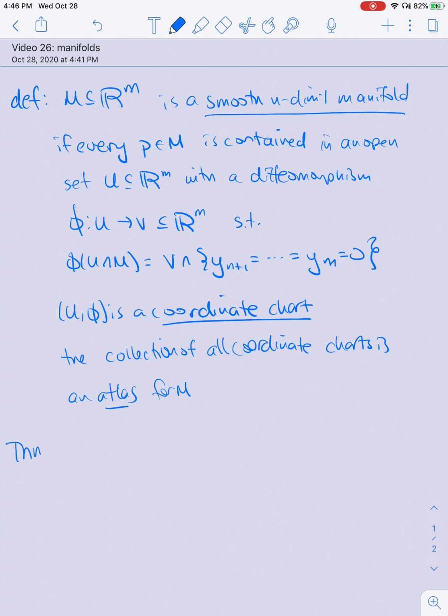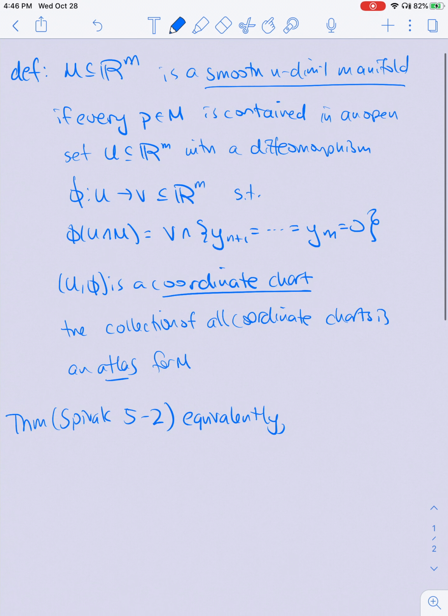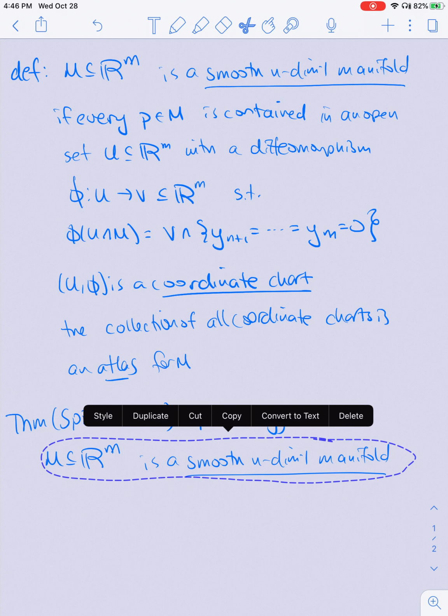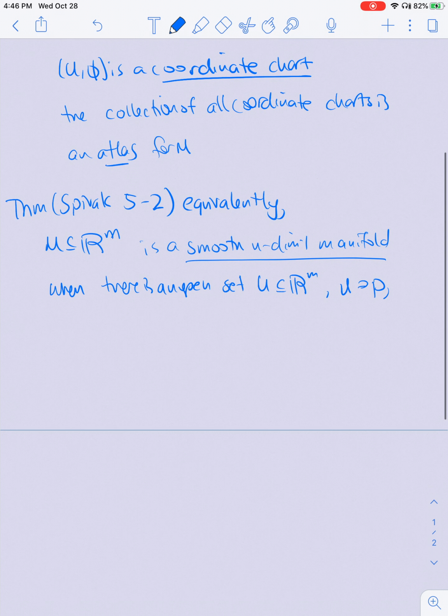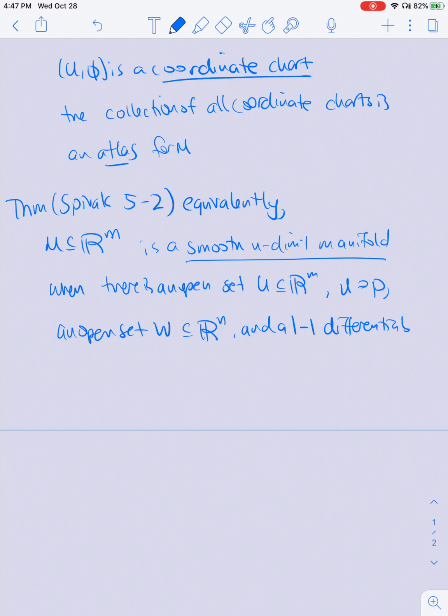There's a theorem in Spivak, theorem 5.2, that says equivalently, M is a manifold precisely when for each point p there is an open set U in R^m containing p, an open set W in R^n, and a one-to-one differentiable map, which I'm going to call phi inverse, from W to R^m.